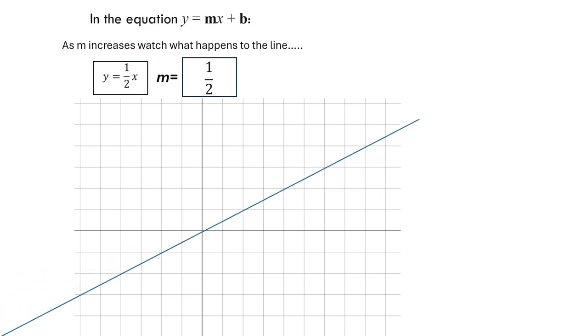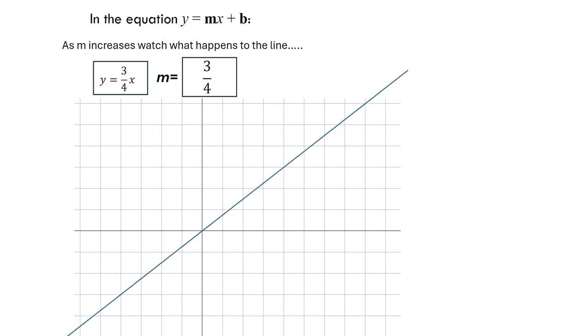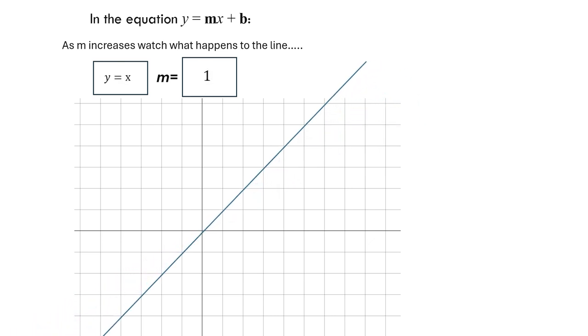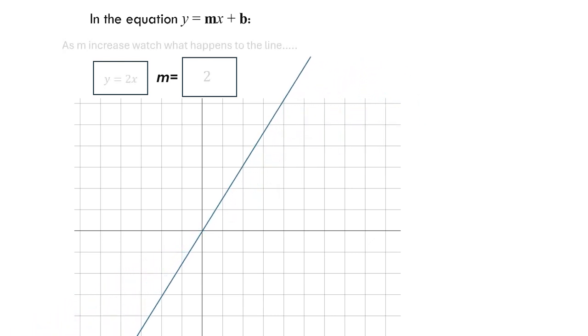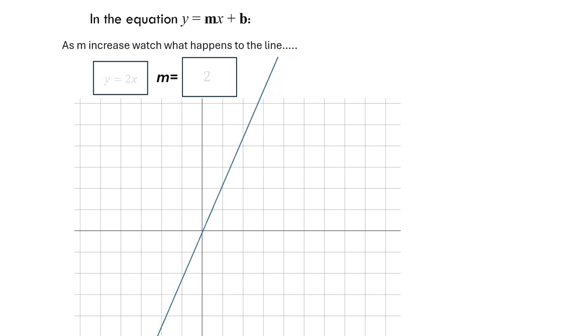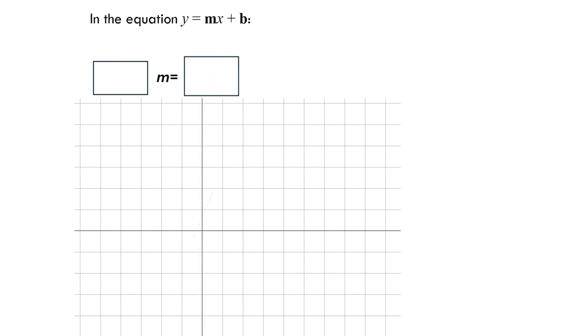As we increase the value of m, or increase the slope in other words, you can see what happens to the steepness of the graph. As a graph approaches infinite, it becomes a vertical line.